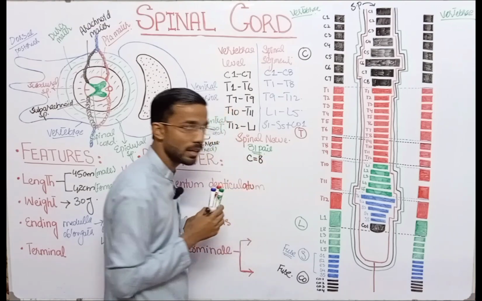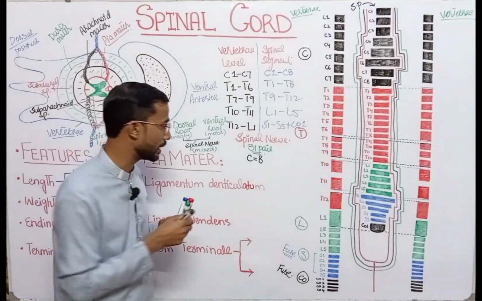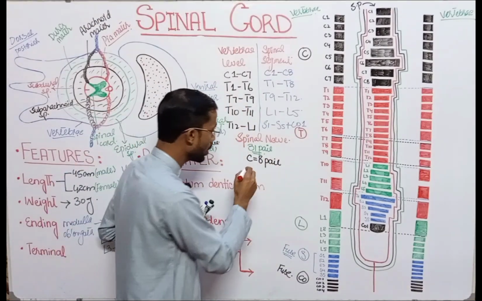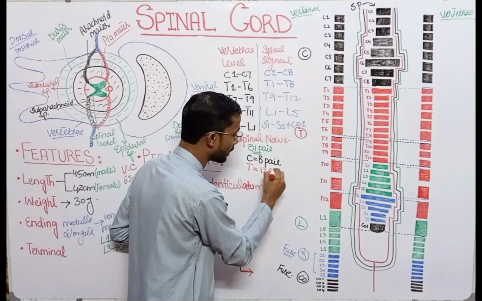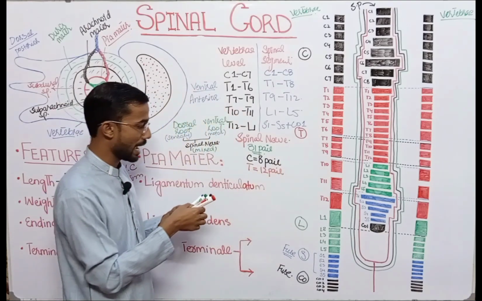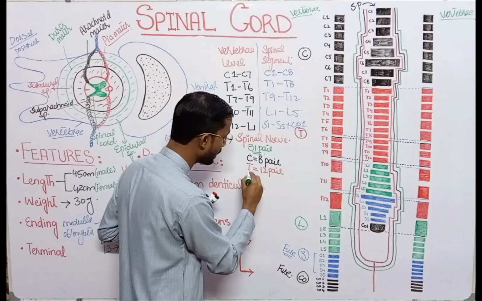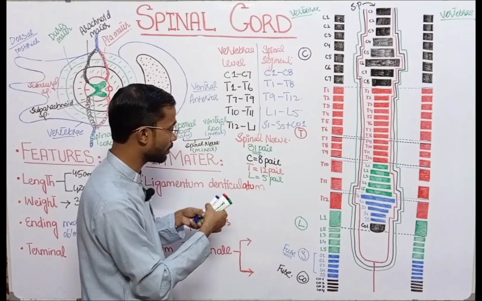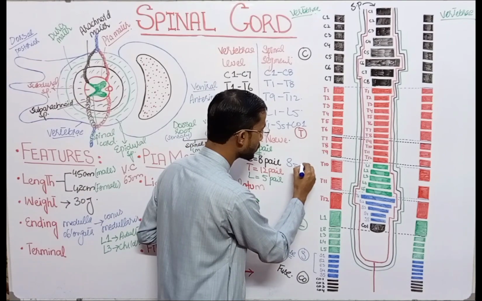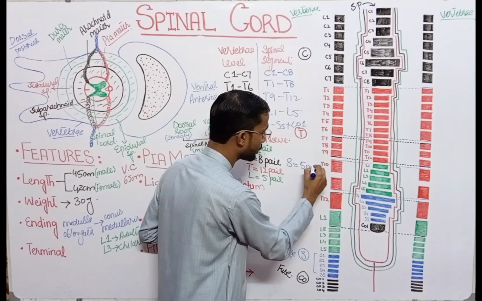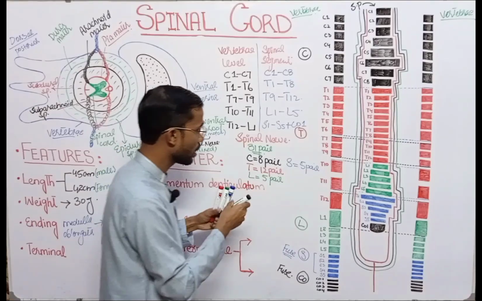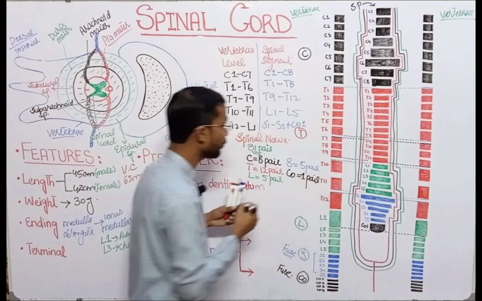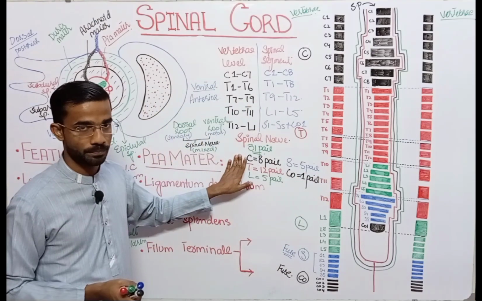In the cervical region you will see 8 pairs of spinal nerves, at the thoracic region 12 pairs, at the lumbar region 5 pairs, at the sacrum also 5 pairs, and last is the coccygeal region, which is 1 pair. So they all form the 31 pairs.